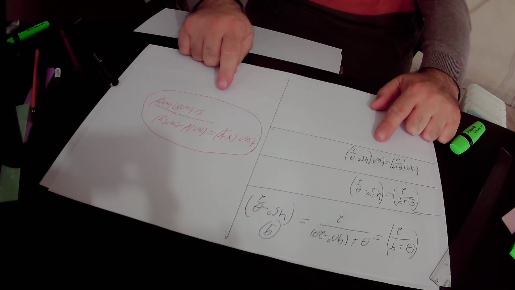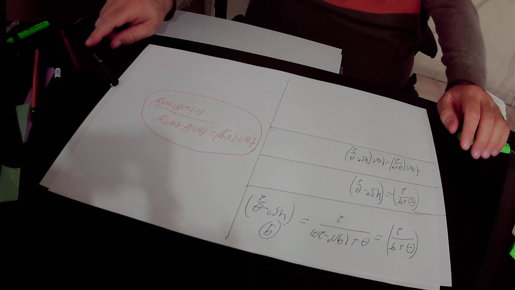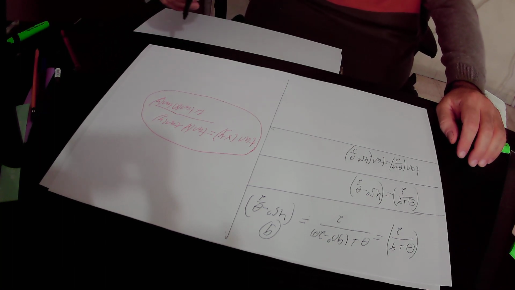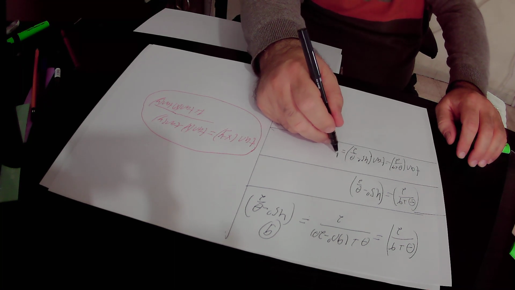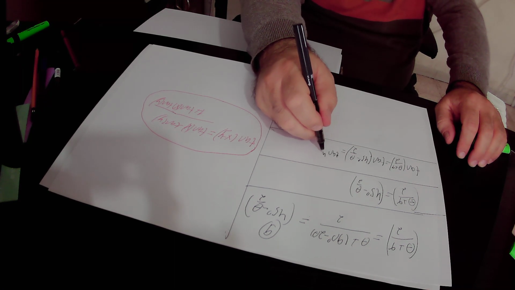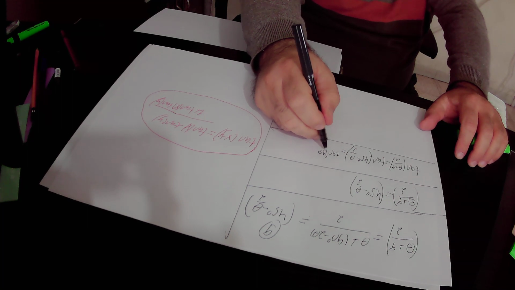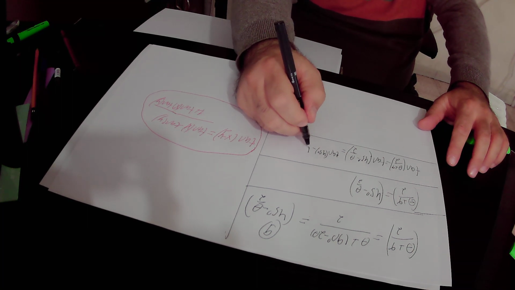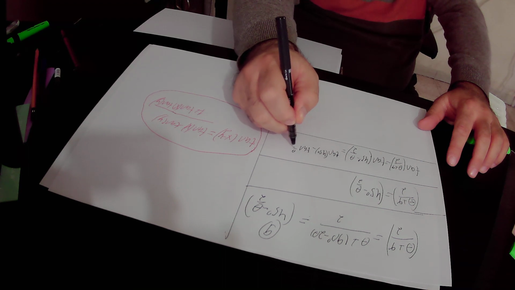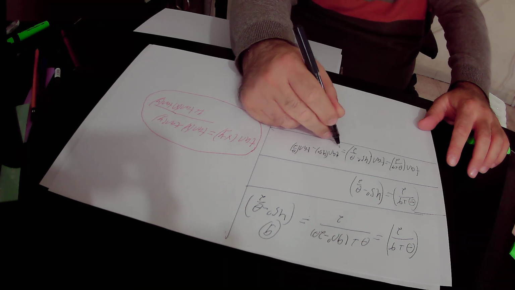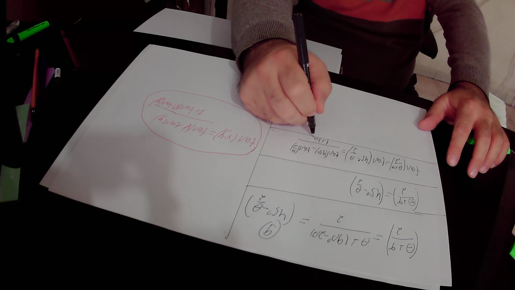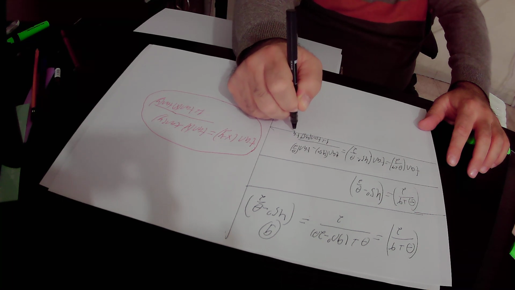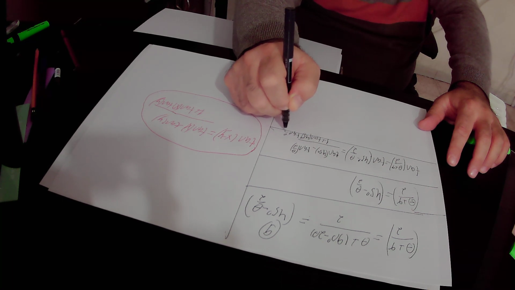According to this identity, the value of tangent of (45 degrees minus theta over 2) will be equal to tangent 45 degrees minus tangent theta over 2, divided by 1 plus tangent 45 degrees times tangent theta over 2.